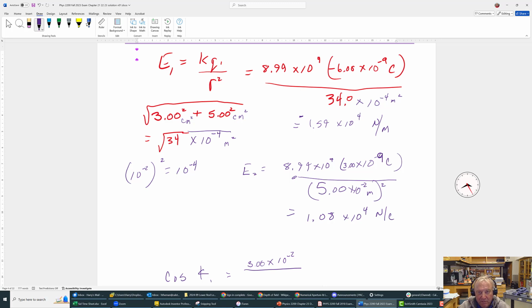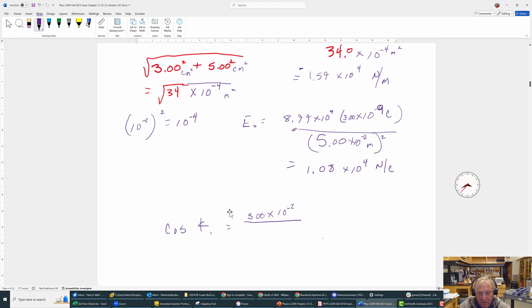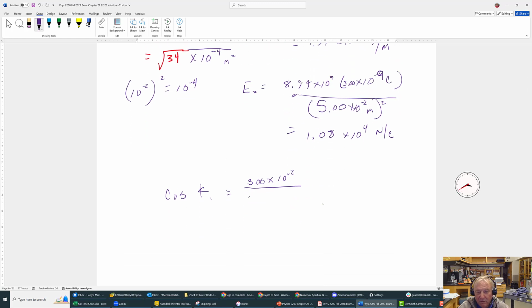So I gotta find out what it is. Square root is 5.83, times 10 to the minus 2. So that's just the adjacent over the hypotenuse, right? So we have E1x equals E1 cosine of angle 1.